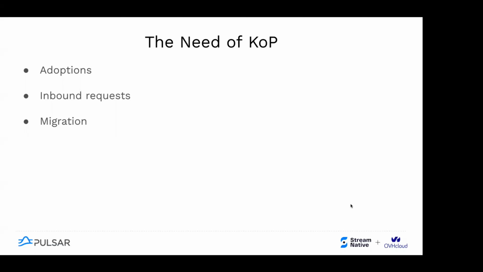I think I will be speaking for both of our companies, but we received a lot of inbound requests about the possibility to have Kafka protocol on top of Apache Pulsar, and that is really interesting to ease adoption of Apache Pulsar and also ease migration.